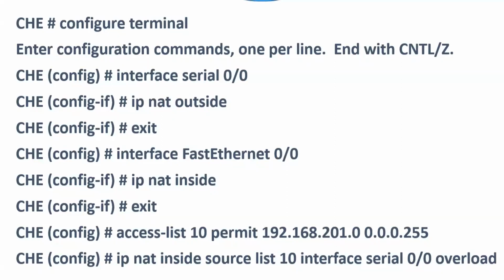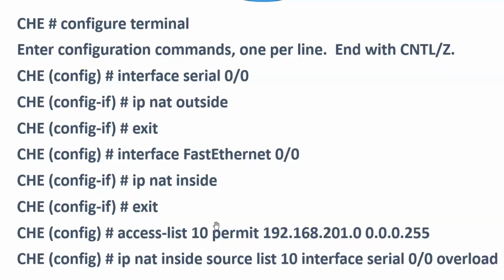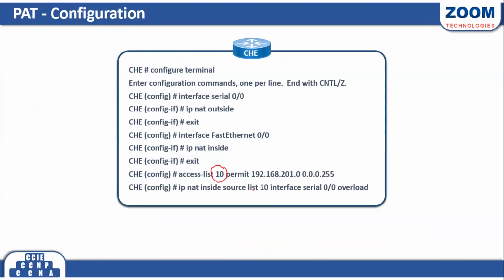Sir, can you explain the last line? IP NAT inside source list 10 means the ACL rule. Whatever ACL you configured, that we are defining. Then the interface on which the internet cable is connected. The keyword is overload. We are telling serial 0/0 that your traffic should be overloaded.